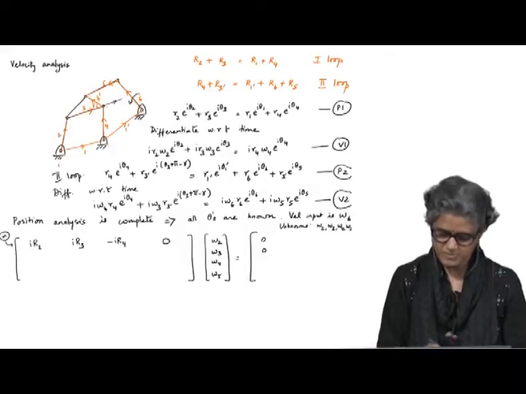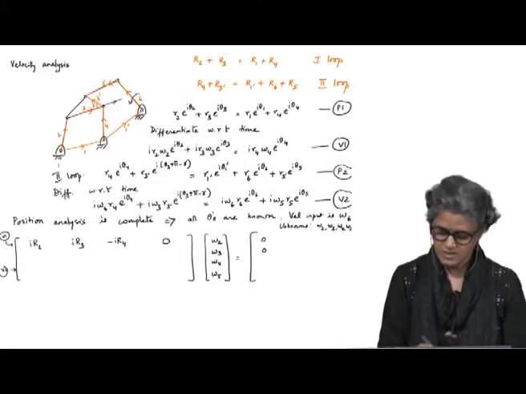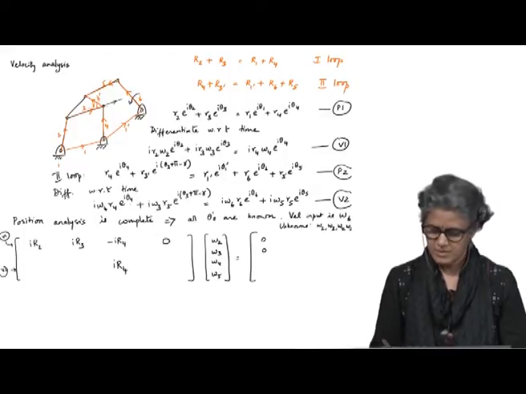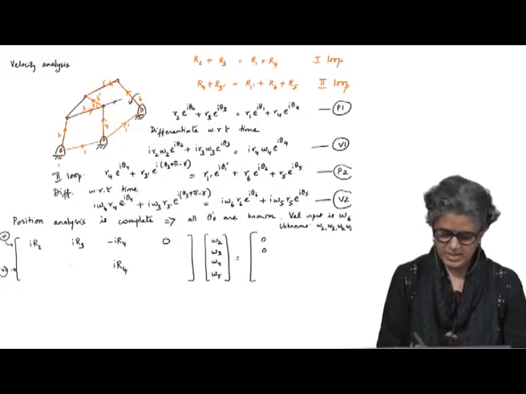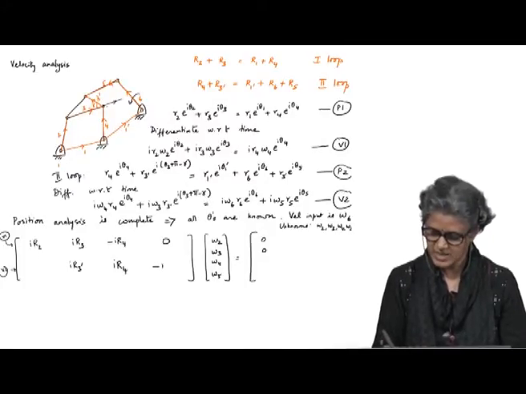Then from this one, from V2 I have i R4, okay, omega 4 this position, this is i R3 dash, okay, and omega 5 minus i R5.